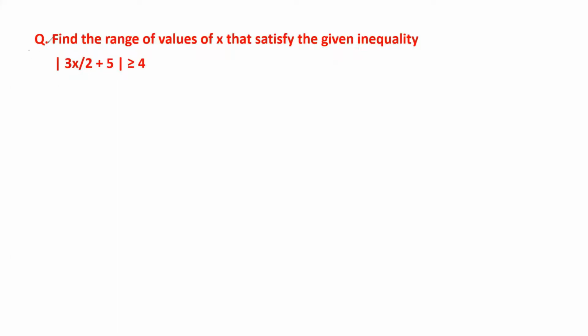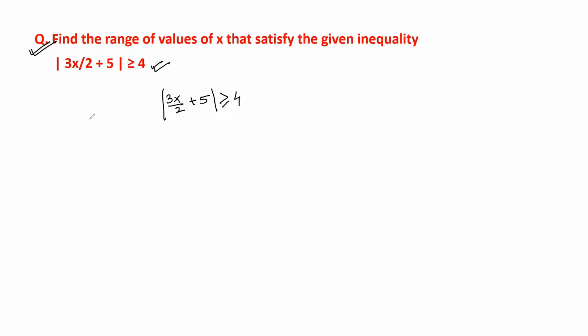Now, let us see some questions based on inequalities with modulus sign. So the question here is: find the range of values of x that satisfy the given inequality. We have been given mod of 3x by 2 plus 5 to be greater than equal to 4. This inequality can be thought of as mod of x greater than equal to a.